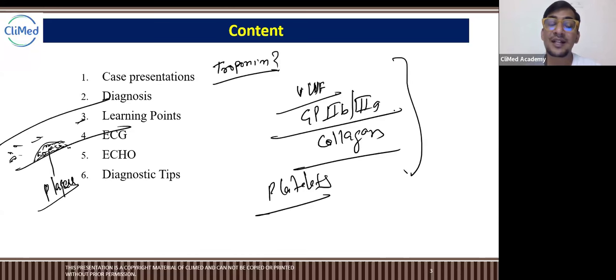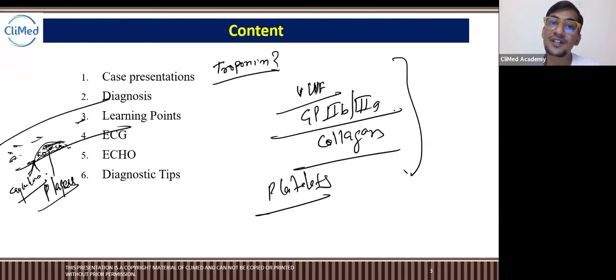Along with platelets, calcium particles, dead RBCs, toxins, and fat particles come in. And as I told you initially, the coagulation cascade also happens here.